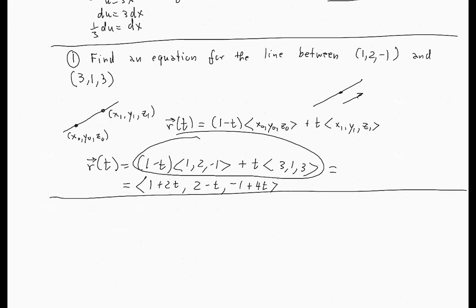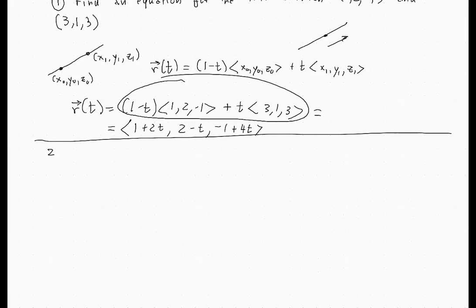The next problem is to find an equation. Again, it's better to say find an equation, not the equation, because there is more than one. An equation for the plane that contains the points A = (1, 2, 4).